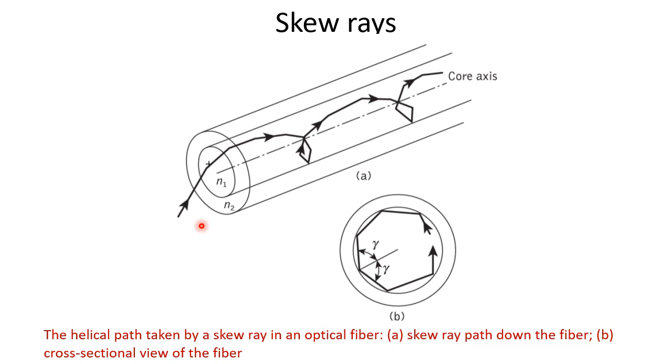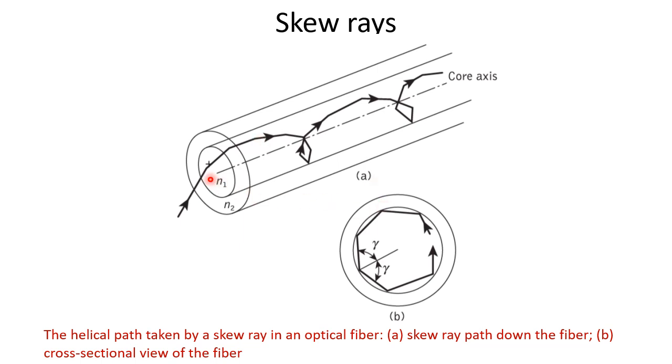Let us have the concept of skew rays. Actually, when the incident ray is not incident exactly on the axis, say it is incident on this particular point, right? So what happens, obviously it will follow the similar principle of total internal reflection, right?